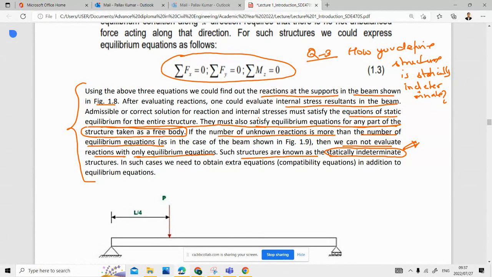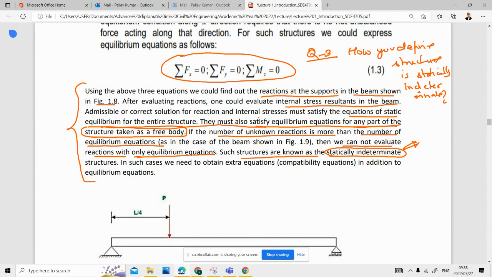Once you know that your unknowns are more than the available equilibrium equations, because your equations of equilibrium are a set number of equations available to you, but if your unknowns are higher than that, then that structure is statically indeterminate, and that is how you define them.